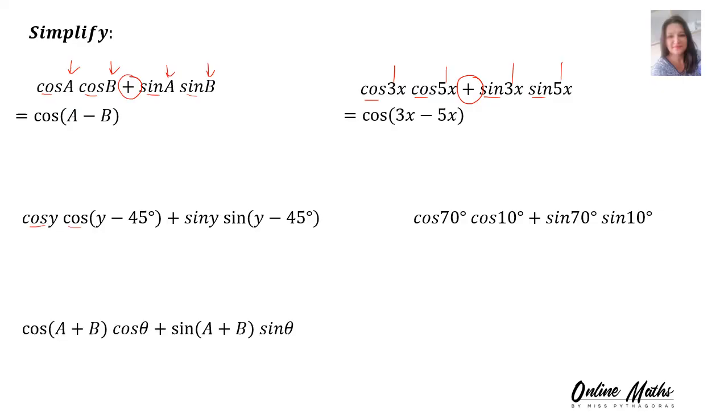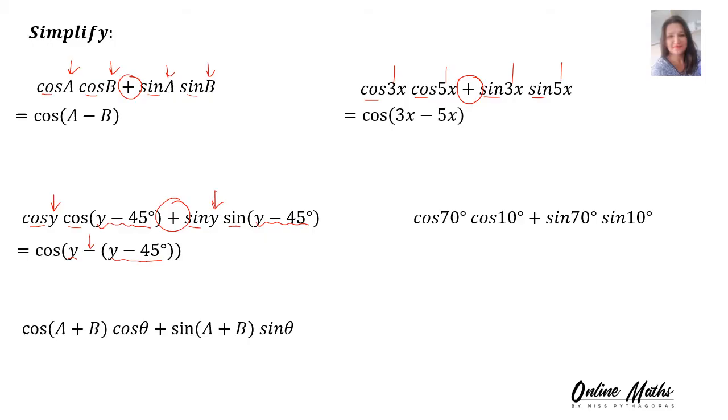Cos cos, sin sin. Angles have to be the same. y, 45, y, 45 with a plus. Therefore, it's cos y, your first angle, minus 45, your second angle.